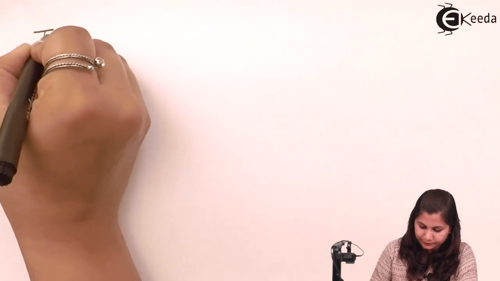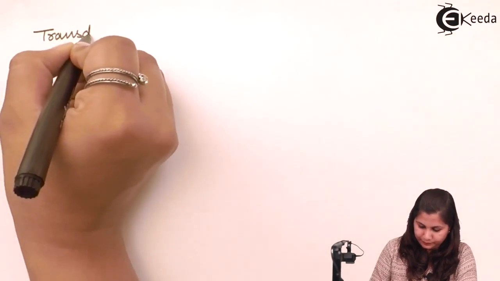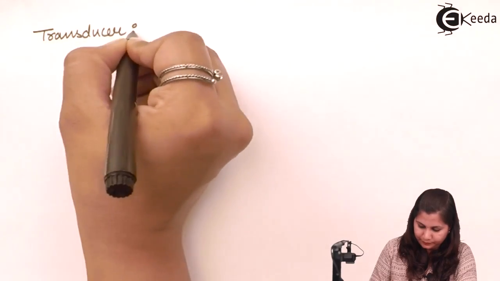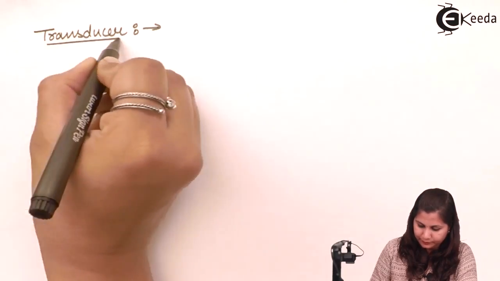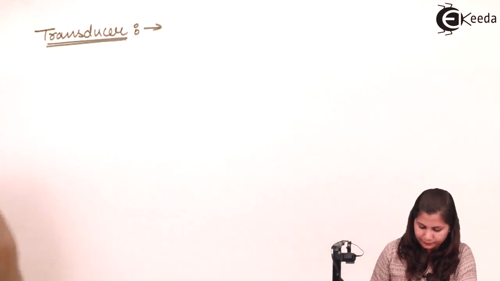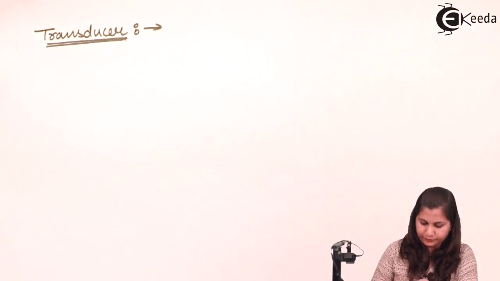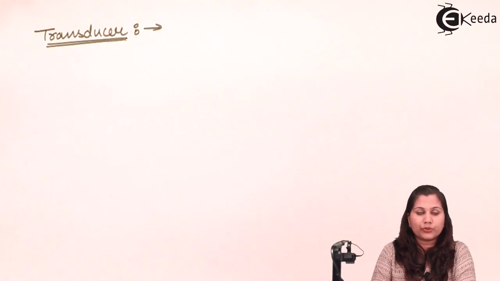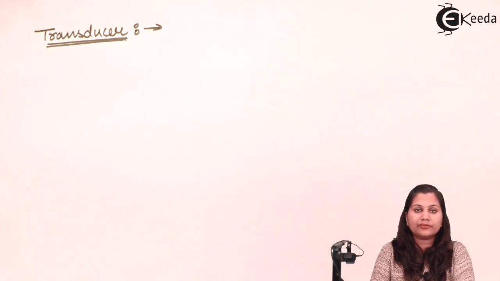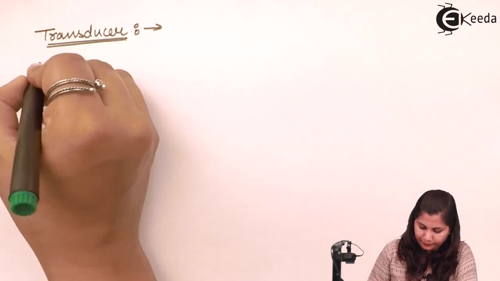So the first component of the data acquisition system was a transducer. What a transducer does is convert the physical quantity into an electrical quantity.